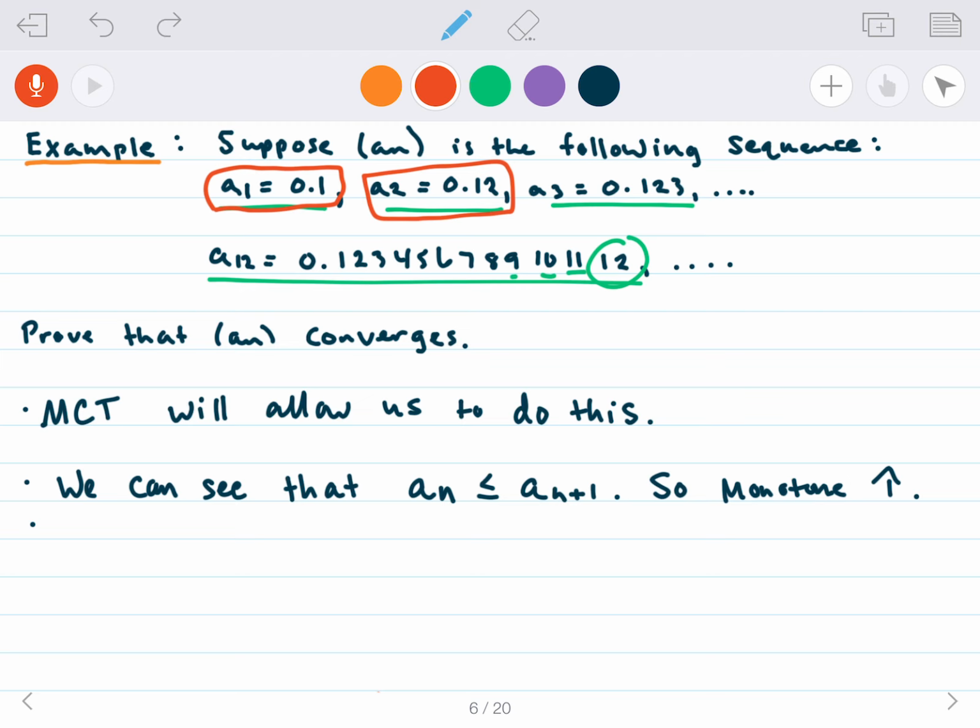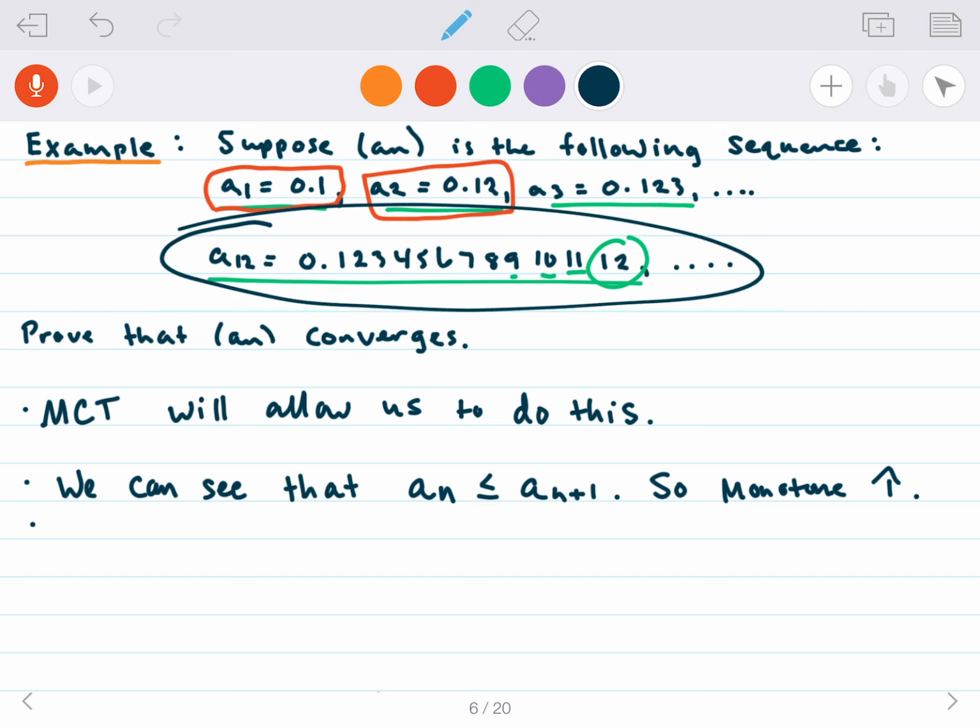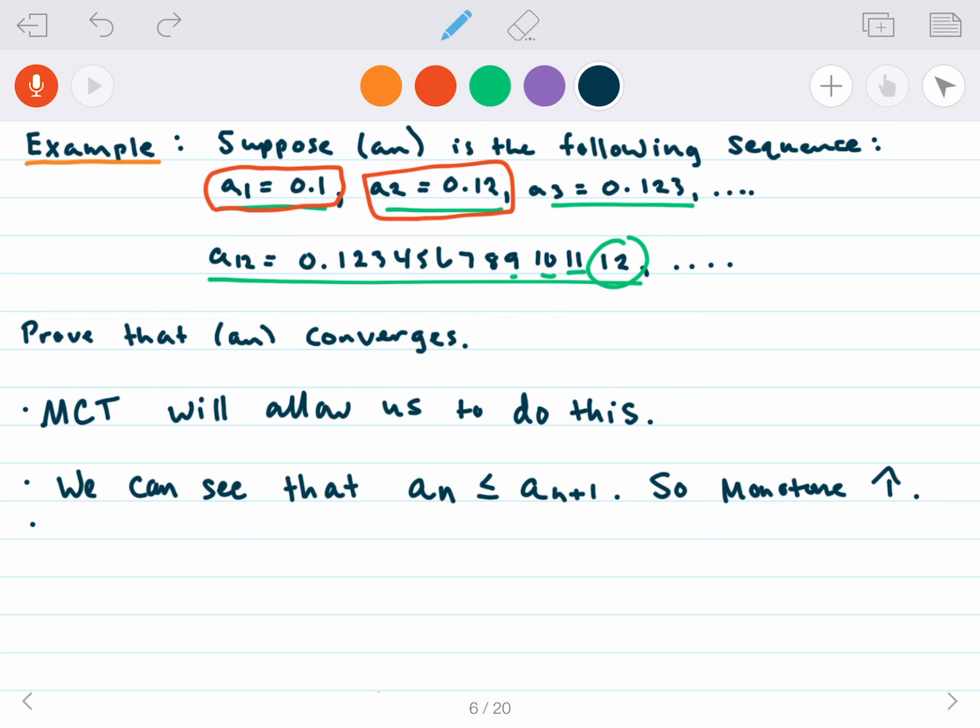If we had 0.999999999, we might have a problem there, but since we have a decimal expansion in this form, what we can say is that for each little n, a sub little n is going to be less than or equal to 1.